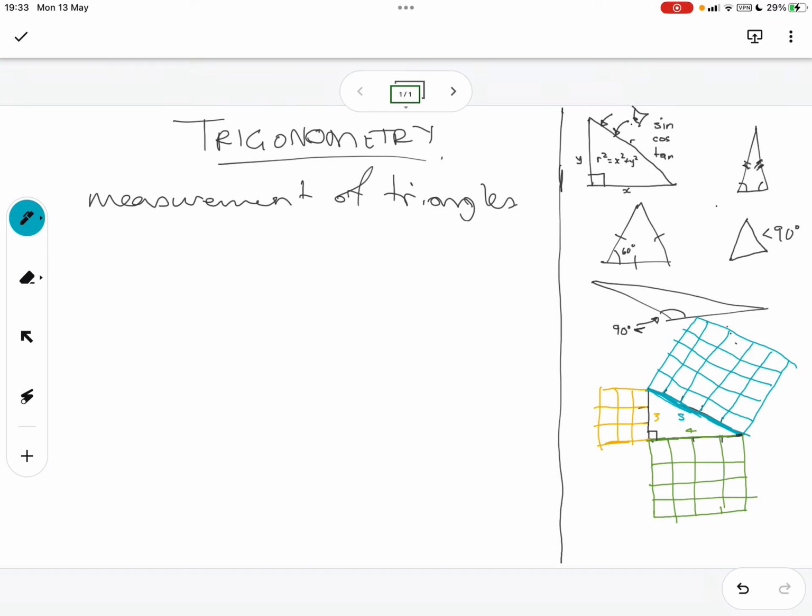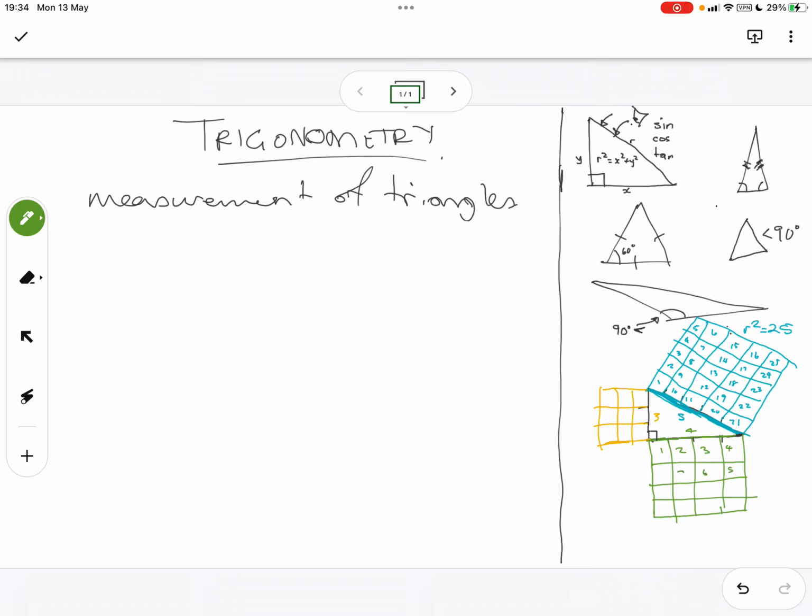So we're gonna count the squares. In the blue area, we've got 1, 2, 3, 4, 5, 6, 7, 8, 9, 10, 11, 12, 13, 14, 15, 16, 17, 18, 19, 20, 21, 22, 23, 24, 25. So here, r squared is 25. And then we're going to count the green squares.